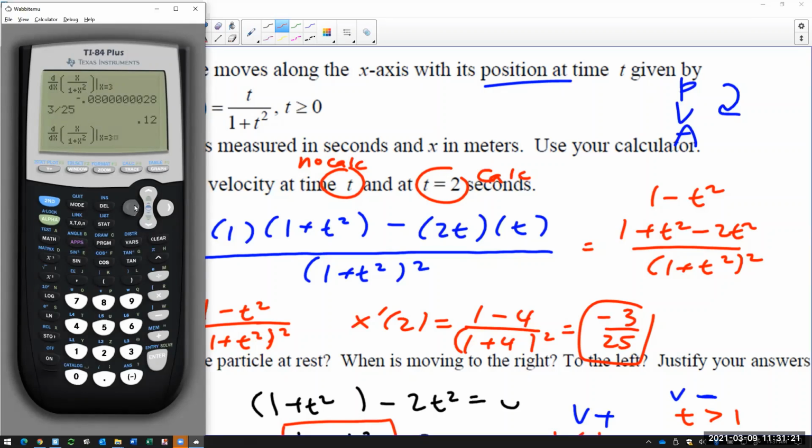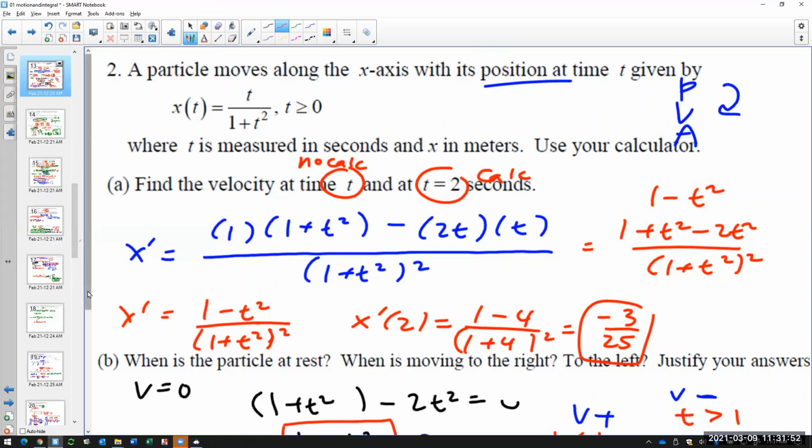Okay, that's what I want. I want 2. I plugged in the wrong number. Okay, hit enter. That's not right either. Is 3 divided by 25 that? Oh yeah, you're right. It is the same thing. So that's another way to do it if you have a calculator.